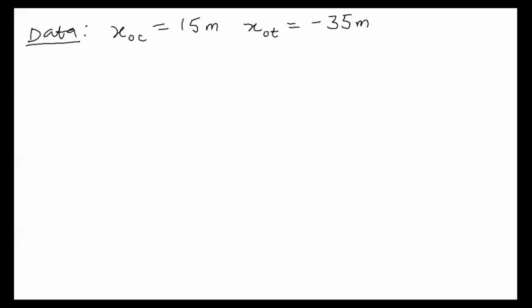So what do I know? By now I have established that V naught C is minus 15.0 meters per second, and then V naught T is 10.0 meters per second.